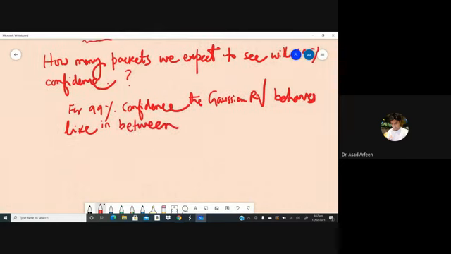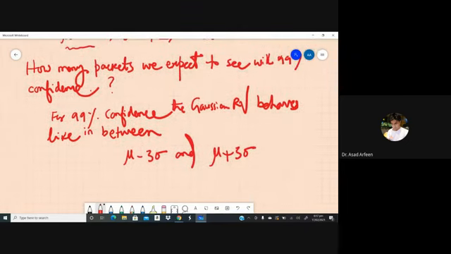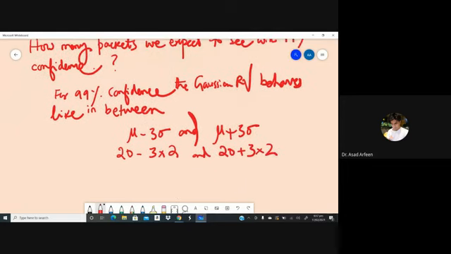So this will be in between mu minus 3 sigma and mu plus 3 sigma. Mu is 20, minus 3 into 2, sigma is 2, and 20 plus 3 into 2. So this is 20 minus 6, and this is 20 plus 6. This is 14, and this is 26.